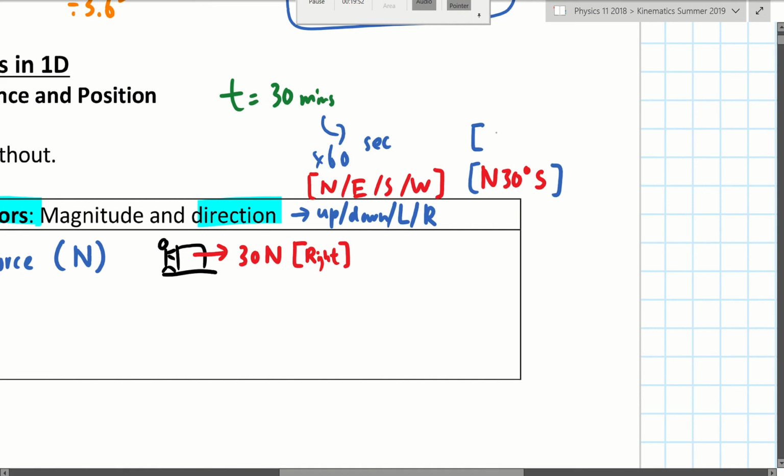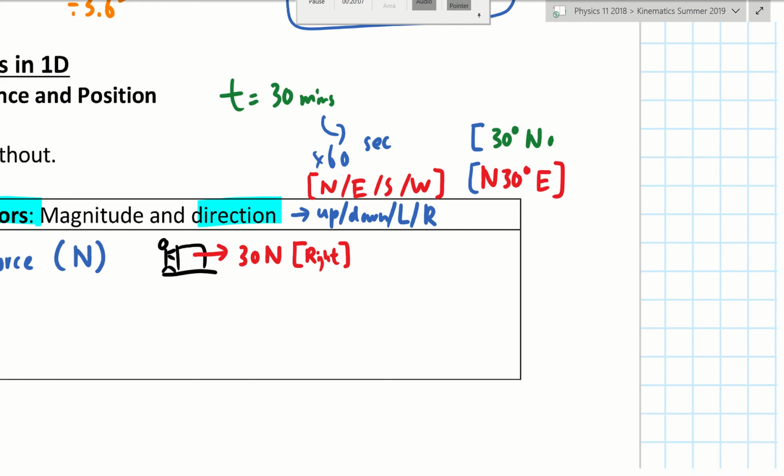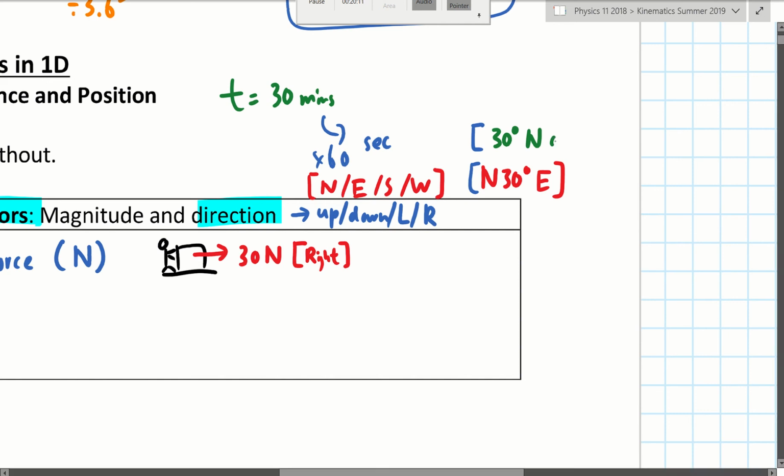People can say 30 degrees north, north 30 degrees south makes no sense. North 30 degrees east. Okay, that means you're facing north and you turn 30 degrees to the east. Now the last type is 30 degrees north of east.